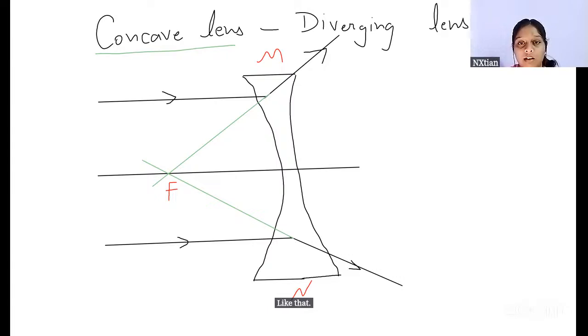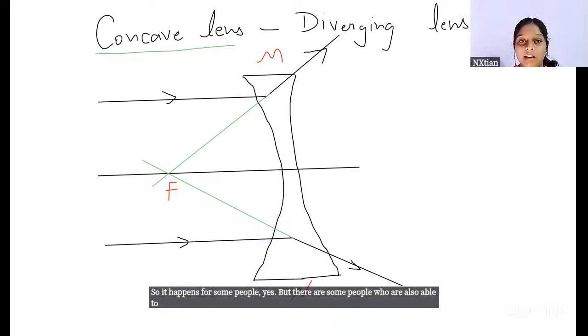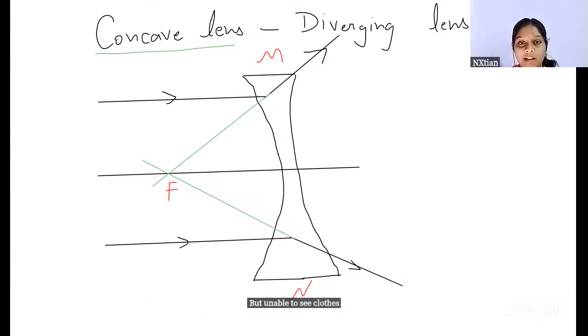Ma'am, I have a question. If they are not able to see close, they will not be able to see far even, right, ma'am? It happens for some people, yes, but there are some people who are able to see far but unable to see close. They only have a problem in seeing close.